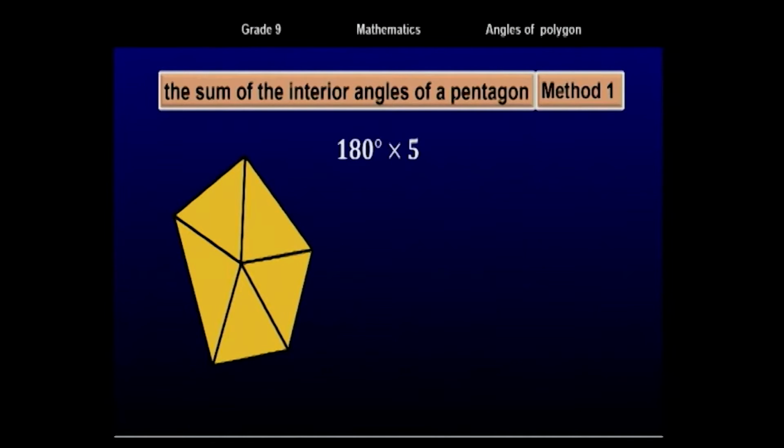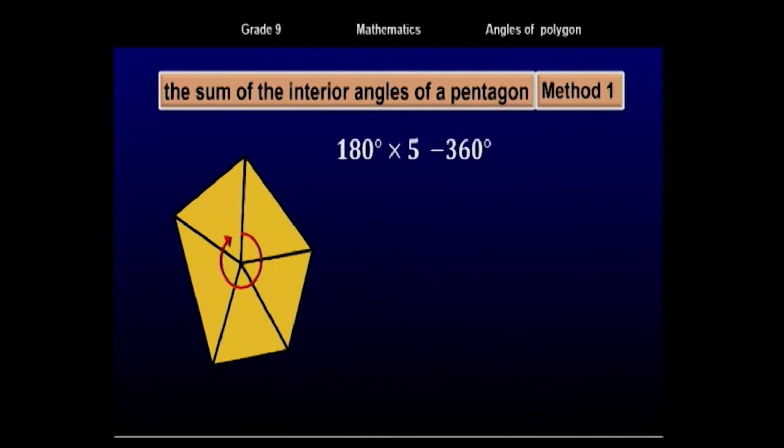But when we consider that point, the angles around it add up to 360. So we have to remove this 360 from that value. Why? Because the sum of the interior angles of the pentagon is equal to 180 into 5 minus 360.